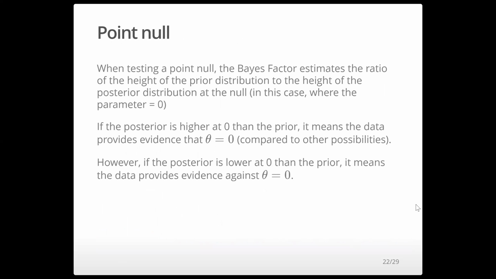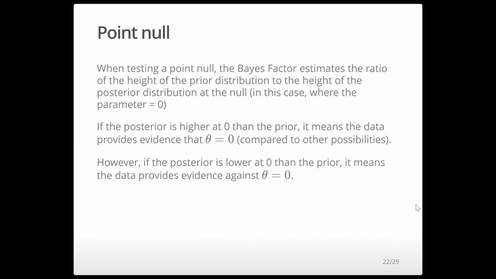So when testing a point null, the math is actually pretty easy for the Bayes factor. So this is a little bit faster. What it's essentially doing is estimating the ratio of the height of the prior distribution to the height of the posterior distribution at the null point. So it's asking whether the probability that the parameter is 0 was higher in the prior than it was in the posterior.